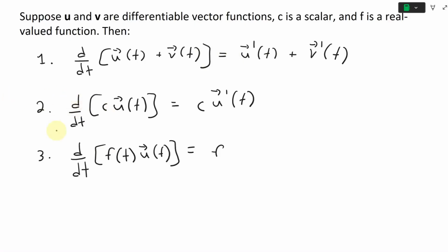So this equals f prime of t, u of t, plus f of t, u prime of t. Okay, like that.